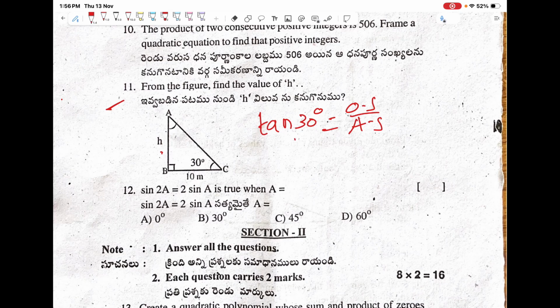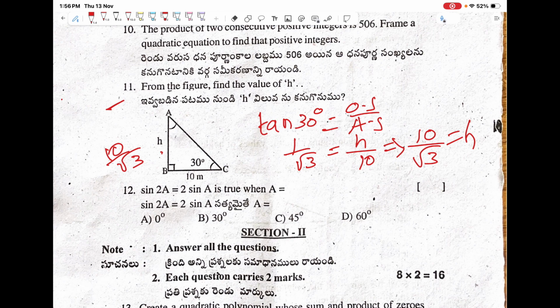The value of tan 30 degrees is 1 by root 3, which equals the opposite side h by the adjacent side 10 meters. So what is the 10 doing with the h? Dividing. When we transfer it to the other side, it multiplies. So 10 into 1, 10 by root 3 equals the height. Now the height in this diagram is 10 by root 3.